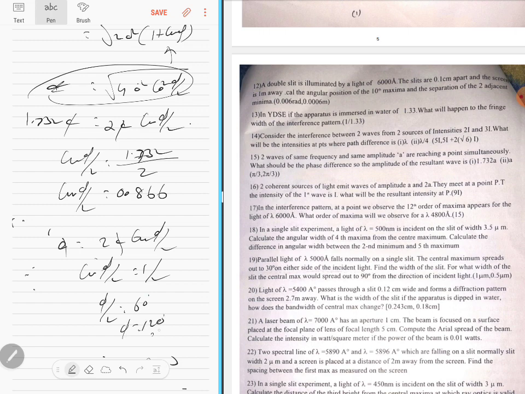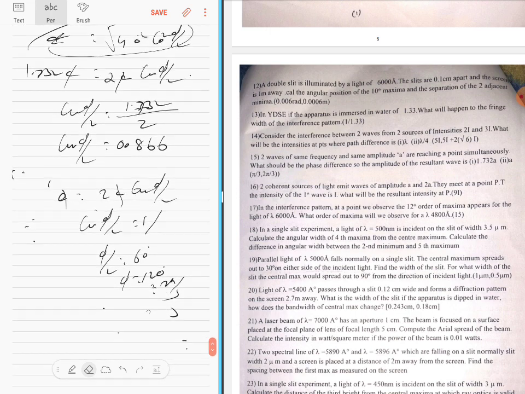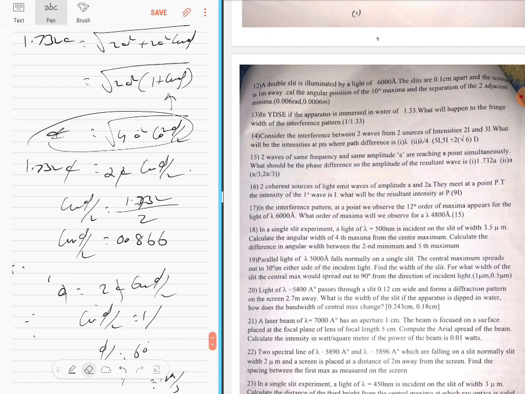So phi is equal to 120, which is 2 pi by 3. I don't know how they are arriving at pi by 3 as the answer. I'm getting only 2 pi by 3 because I'm eventually finding out only cos square phi by 2.